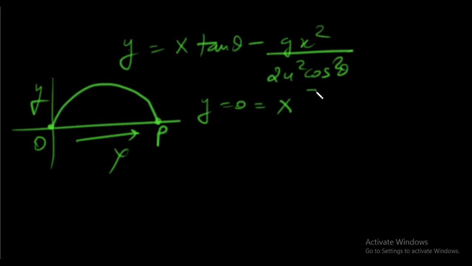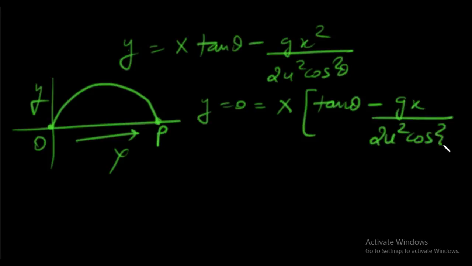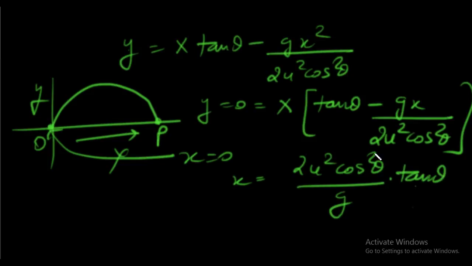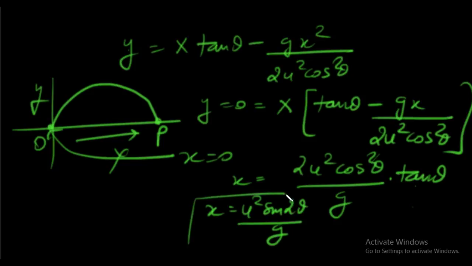We can take x as common: x times tan theta minus g x divided by 2 u square cos square theta. So either x is 0, which was at O, or x is 2 u square cos square theta by g times tan theta. So this would be sine by cos, 1 cos cancelled, 2 u square cos theta sin theta by g, which is equal to u square sine 2 theta by g. So this was the range we arrived at.